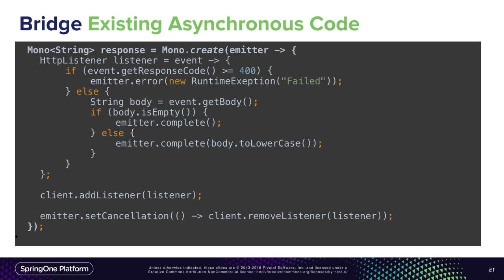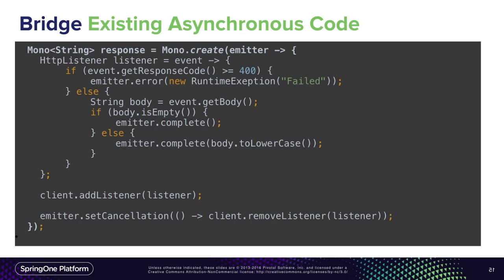And this thing is going to be useful for you to complete with nothing or complete with data. That's what we do in the line emitter.complete or emitter complete with a body in lowercase. That's great. And we can attach a listener to whatever. It could have been a Swing action listener. It could have been anything.